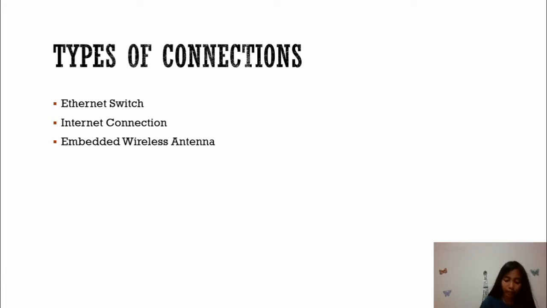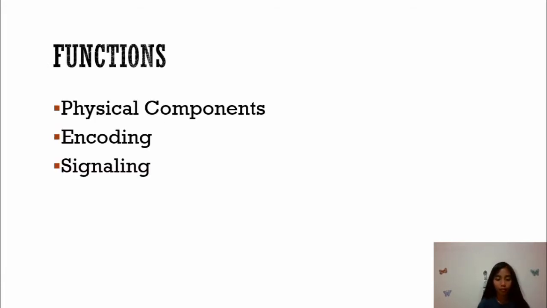For the next one, we have the functions. We have the physical components and encoding and signaling. So for the physical components, that is the electronic hardware, devices, media, and other connectors that transmit and carry the signals to represent the bits.